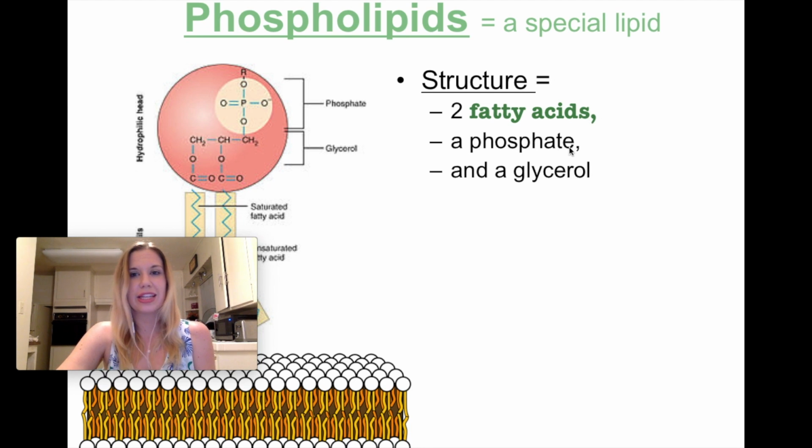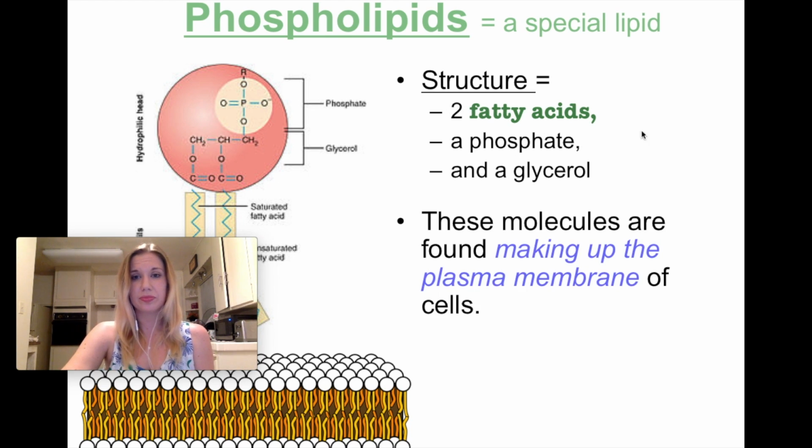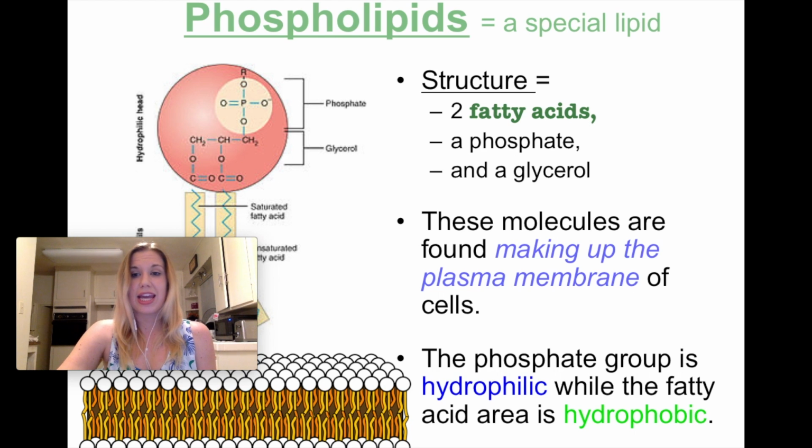You don't need to think too hard about this, but start getting used to using these words. Like I said, these molecules make up the plasma membrane of cells. The phosphate group is hydrophilic, while the fatty acid area is hydrophobic.